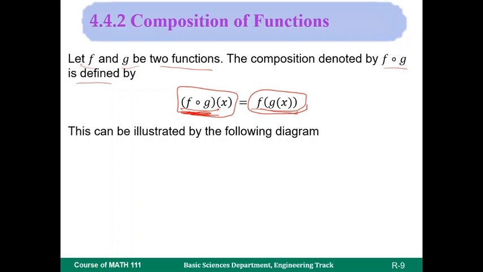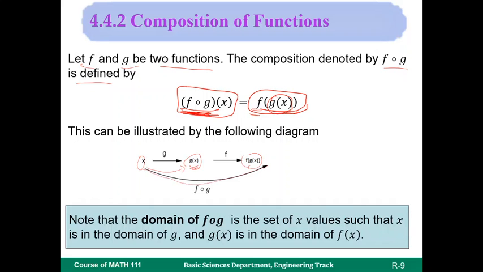As you see, g of x is an input inside f. You can think of this: first we put x, we evaluate g of x, g of x is the output for g, and then we put g of x as an input to f. Then the result will be f of g of x, which we call f composition g of x.